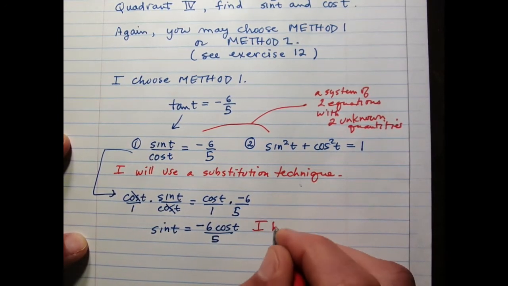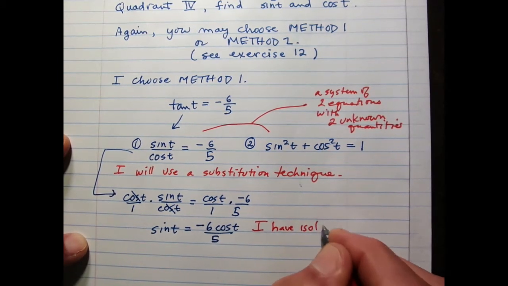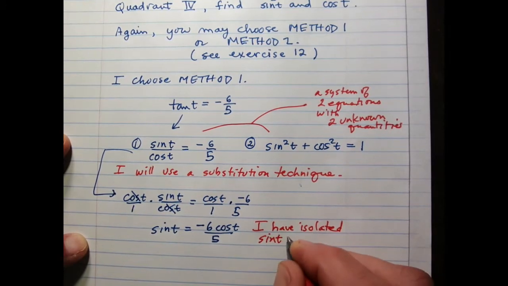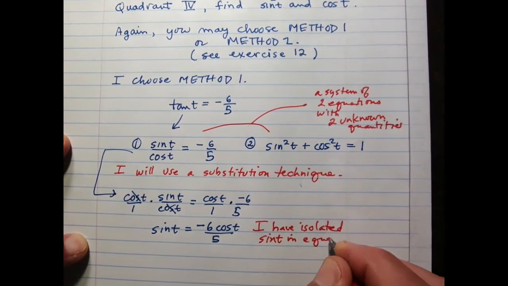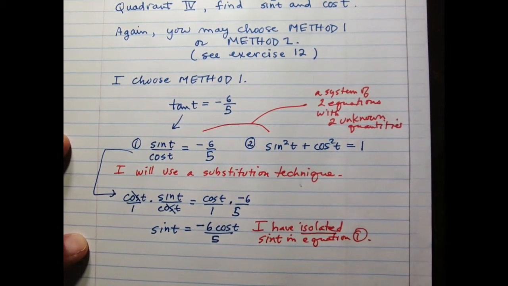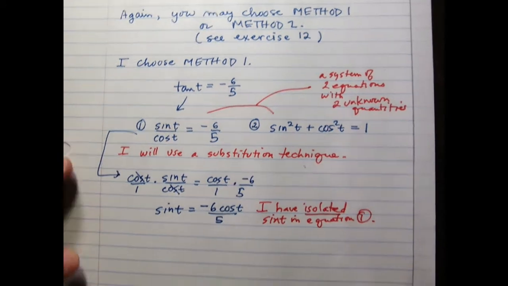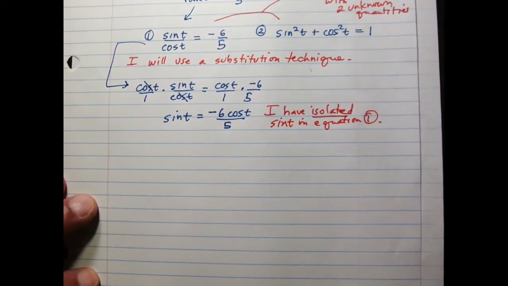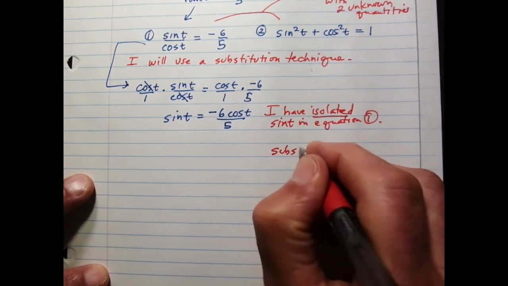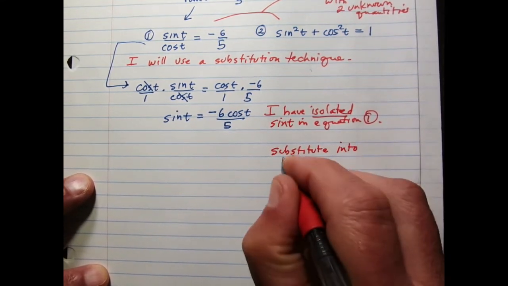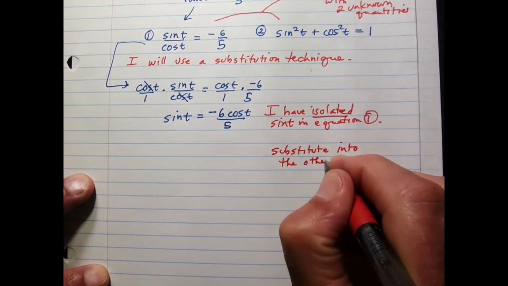So I have isolated sine t in equation 1. The substitution technique is all about isolating one of the unknowns from one of the equations. And then I'm going to substitute into the other equation.